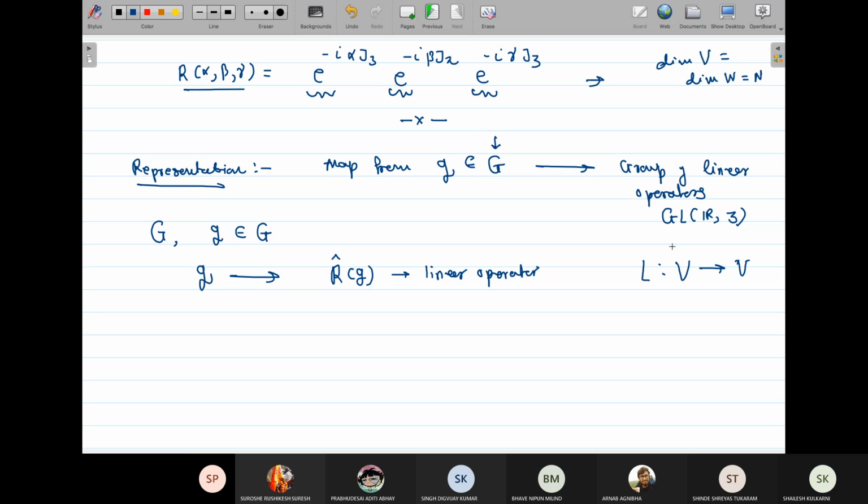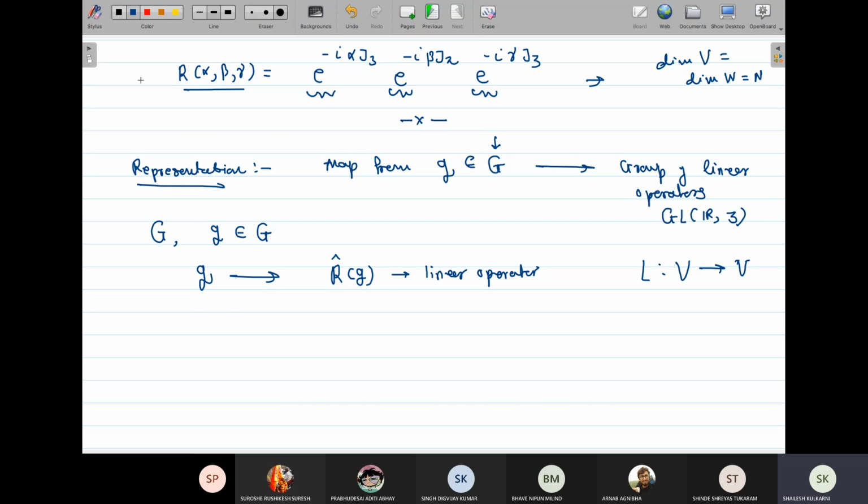Rotation in quantum mechanics is nothing but the study of representations of the SO(3) group. As far as the group is concerned, it has nothing to do with quantum mechanics as such. Mathematically I can define this without resorting to quantum mechanics or any result in quantum mechanics.